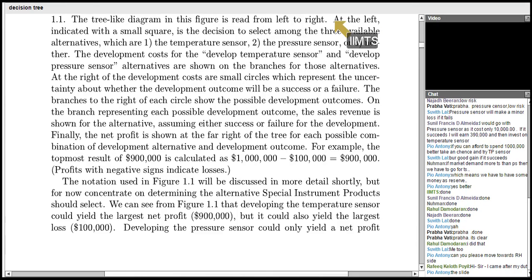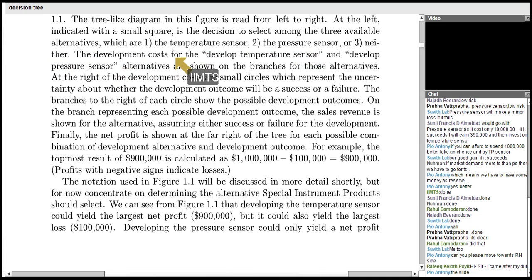Now, the diagram towards the left indicates, with a small square, I told you there's a square, we're going to talk about this, the decision to select among the three available alternatives, which are the pressure sensor, the temperature sensor, and neither.